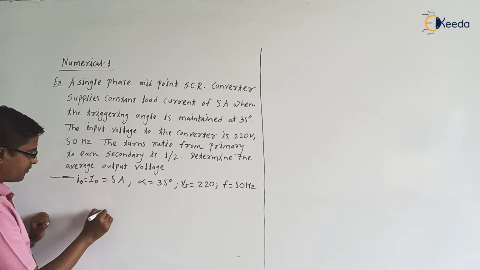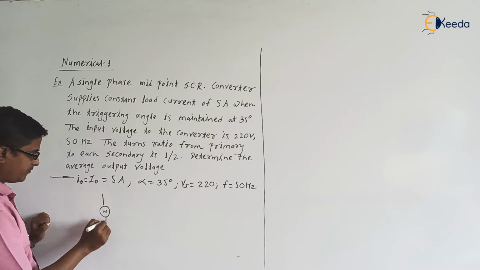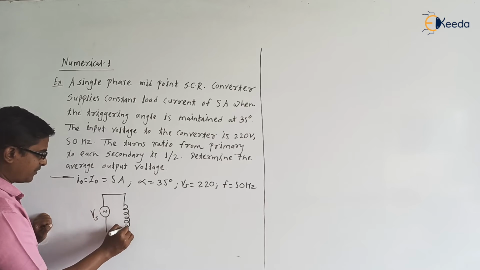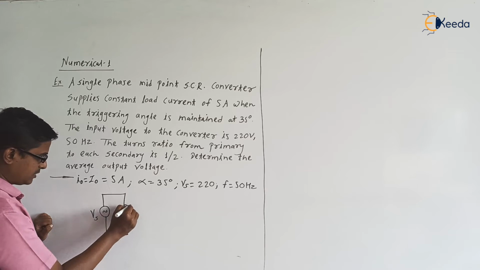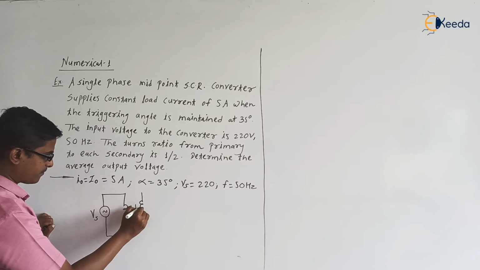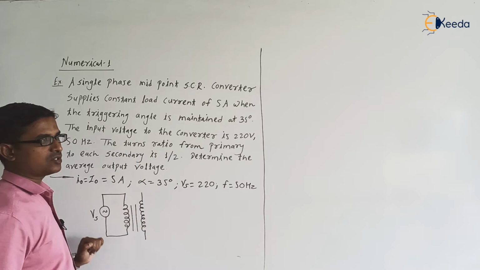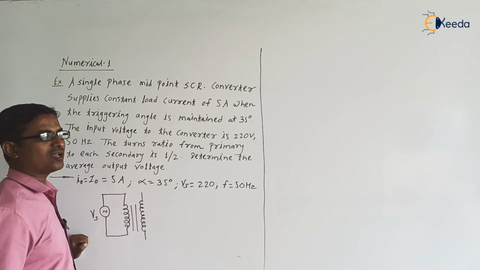So here we are having the circuit, supply voltage Vs. Here it is the primary winding, next the secondary winding, and the load current is constant. So either the load is RL or RLE.